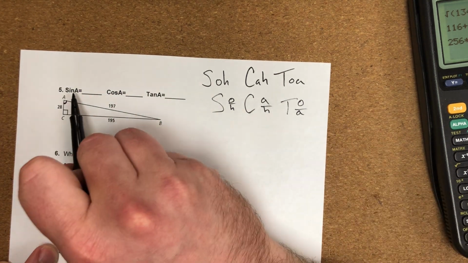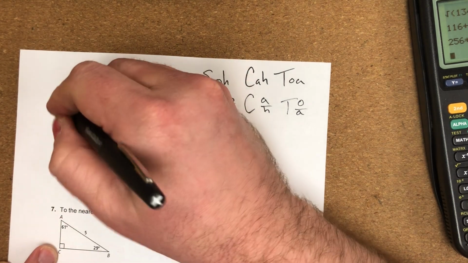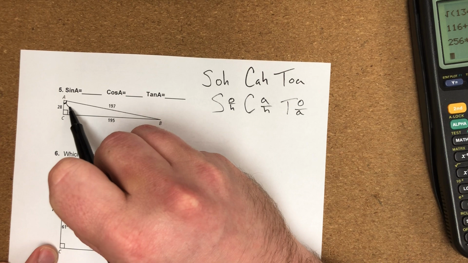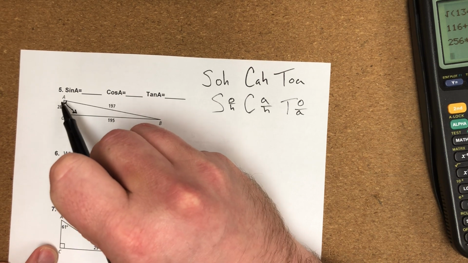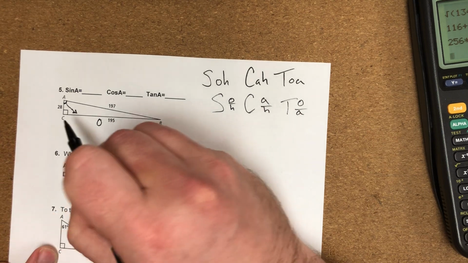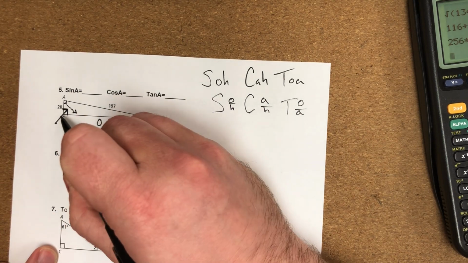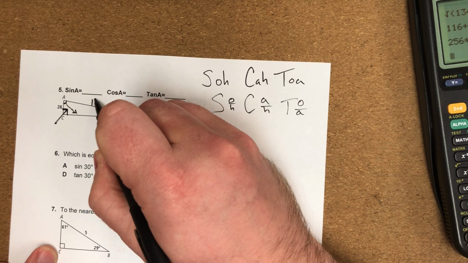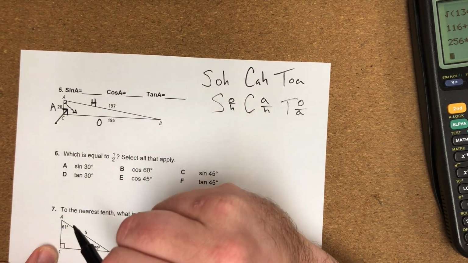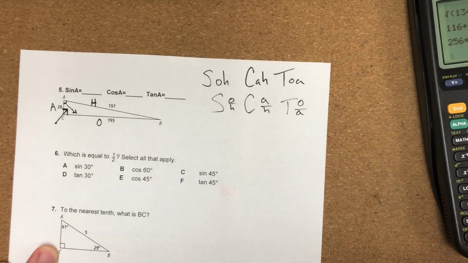So when I'm asked for sine of A, here's A. What does opposite mean? Opposite is the one that's not touching it. It's the one on the opposite side of the triangle. The right angle always points to the hypotenuse, so this is the hypotenuse, and the adjacent is the third side that I didn't label. That is personally how I like to label these, but everyone's a little bit different.